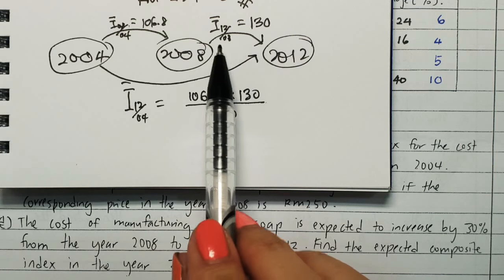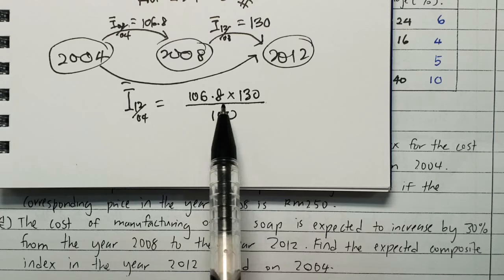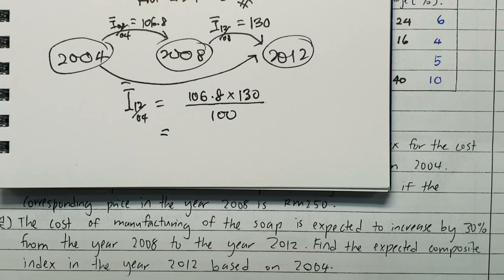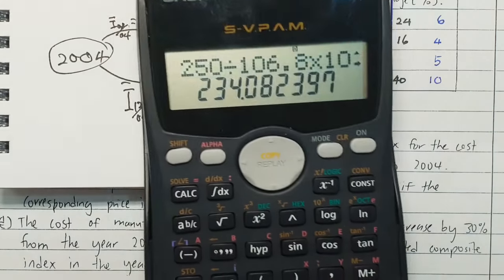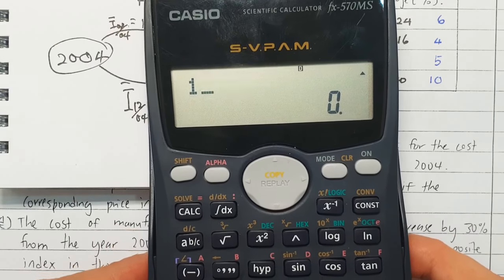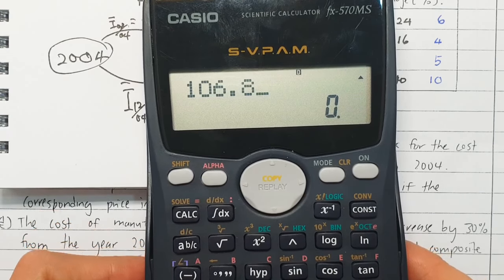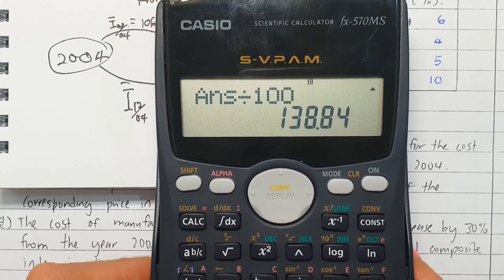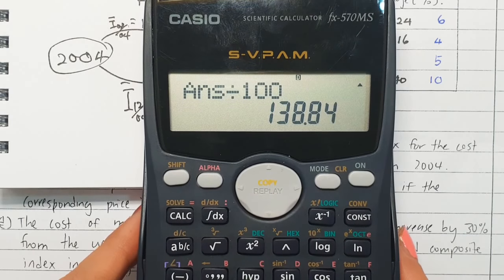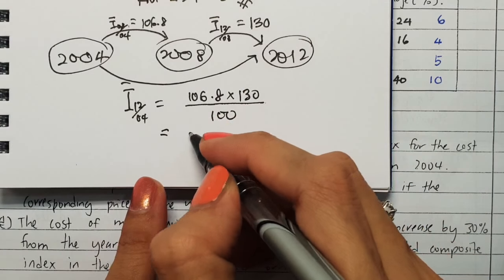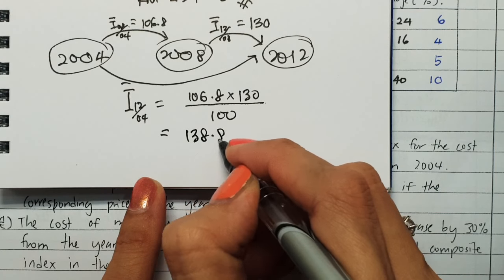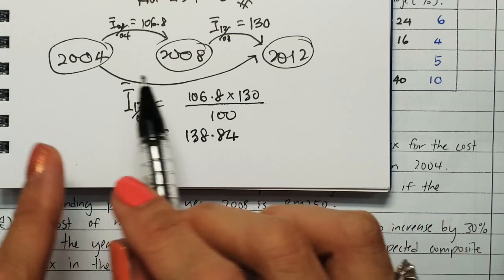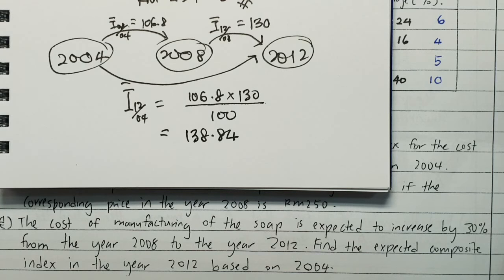So we times the 130% to see what the final result is. So in this case, we use the calculator: 106.8 times 130 and then divided by 100. The result is 138.84. That shows a 38.84% increase compared to the price in 2004.